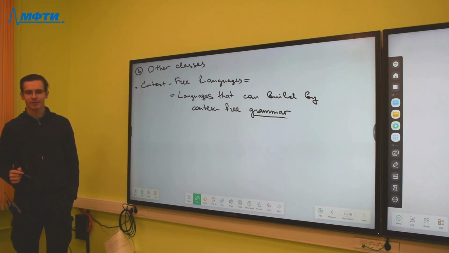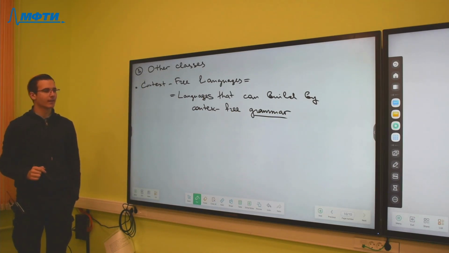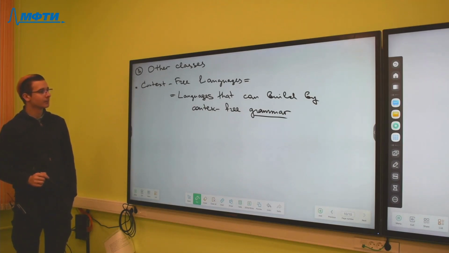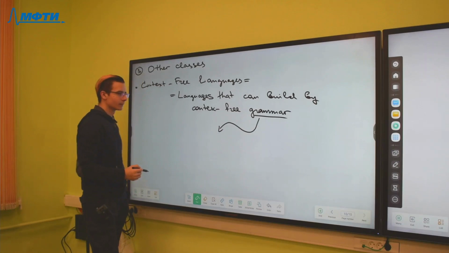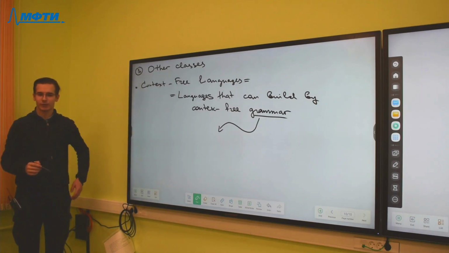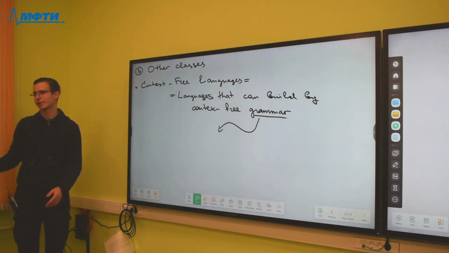And what is the grammar here? It is a number of laws to transform one expression to other expressions.